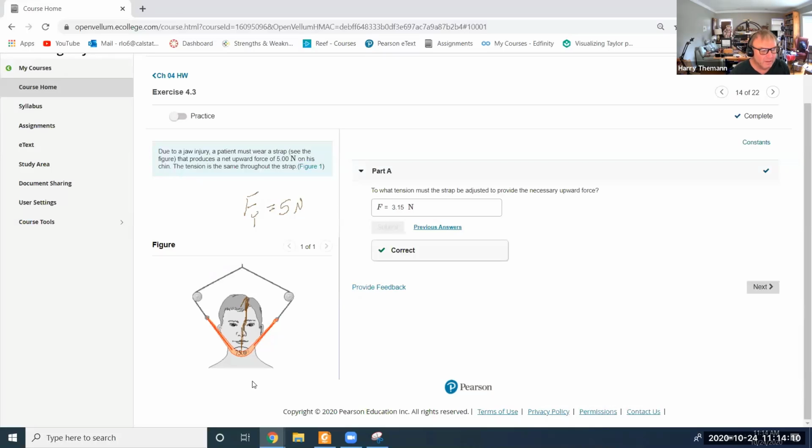I can see by my physical intuition that F net X is going to equal 0. You want that to be true because otherwise it would hurt the person. Okay, so we got that part.